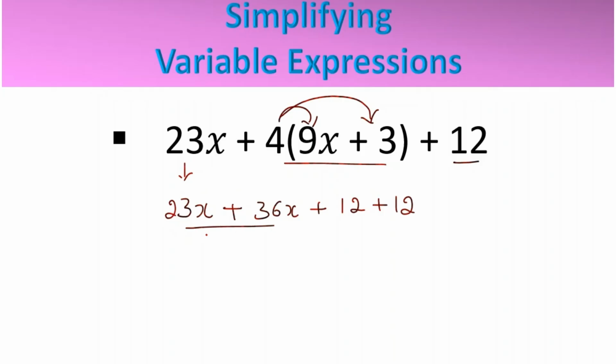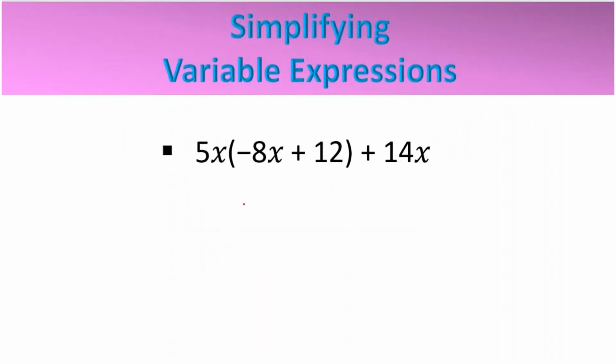As we can see, there are two variable terms and two constant terms. Let us add 23 and 36 since both of them have the positive sign, which gives 59x, plus 12 plus 12 gives 24. Hence, the simplified form for the given expression is 59x plus 24.